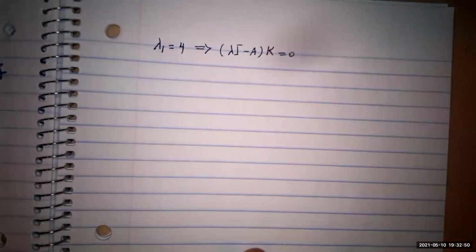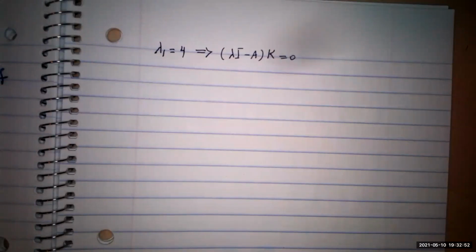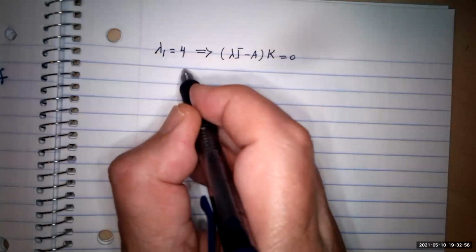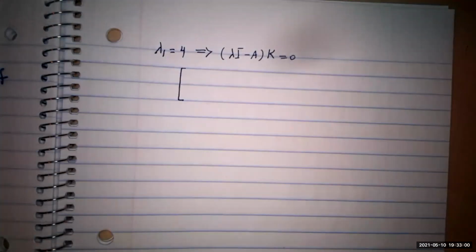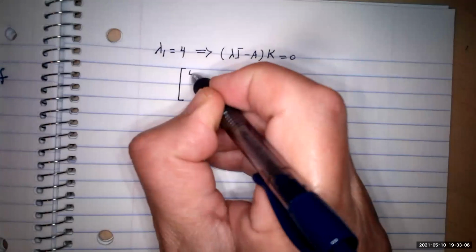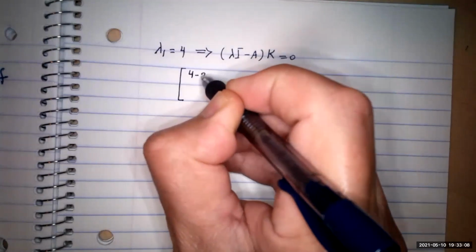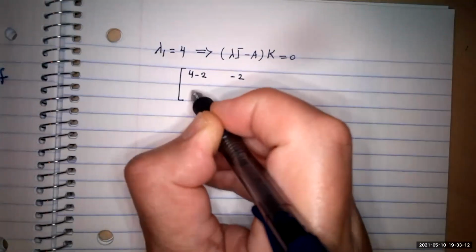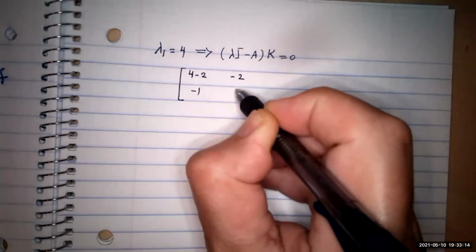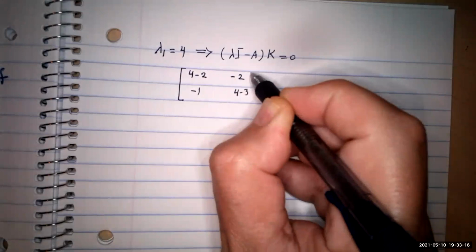This is going to be the vector that we are interested in. If you go back and form that matrix, replace lambda by 4: 4 minus 2, negative 2, and over here negative 1 and 4 minus 3.